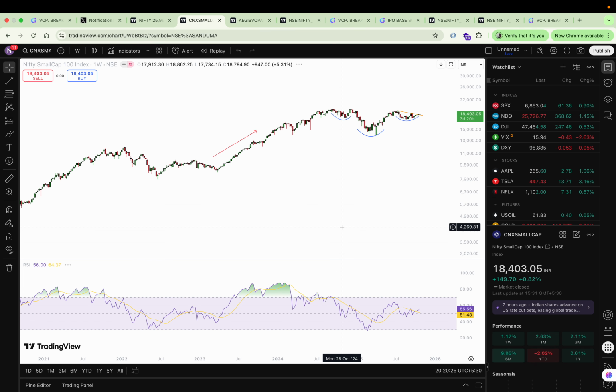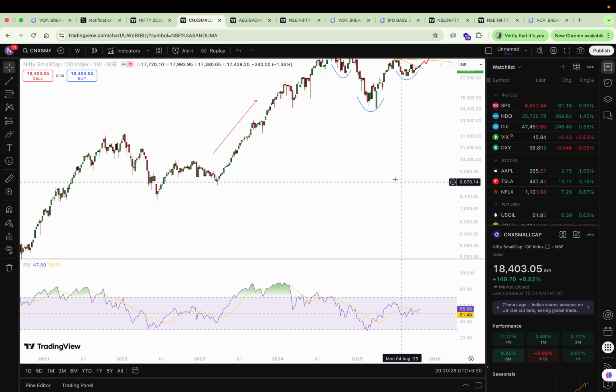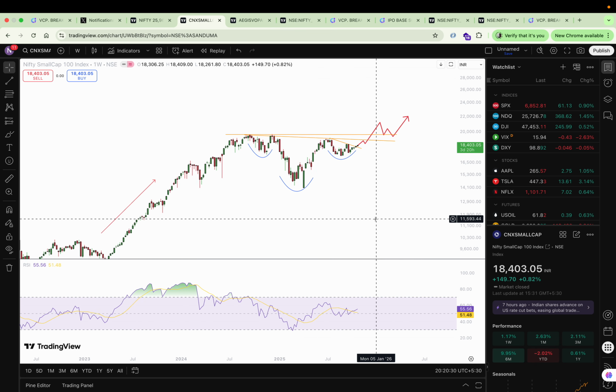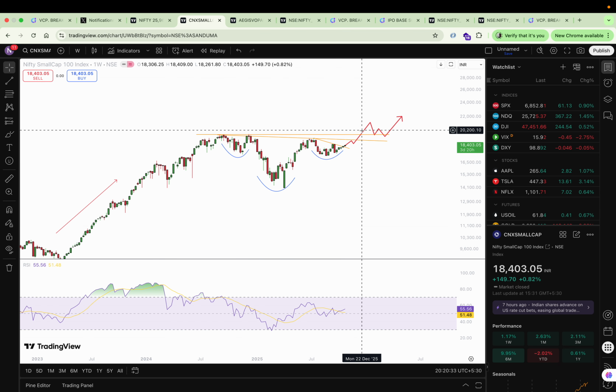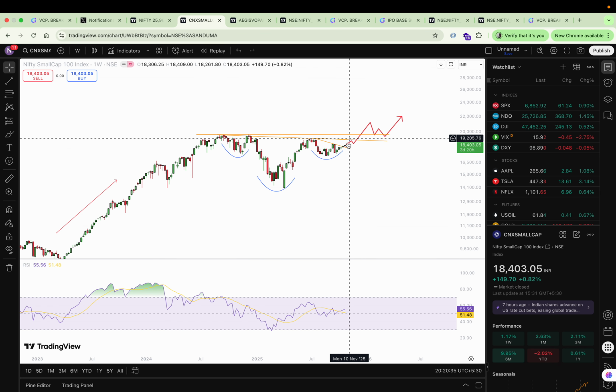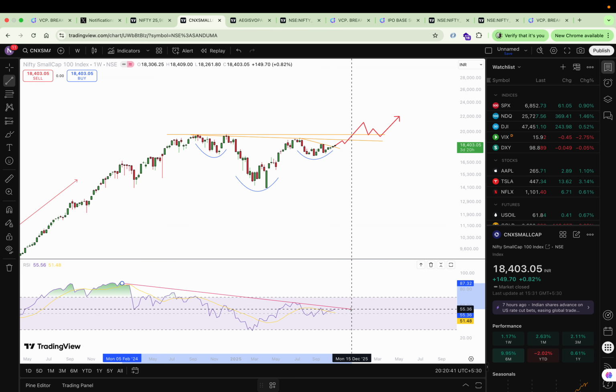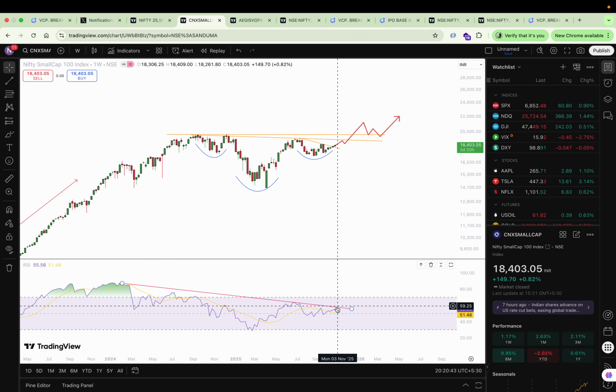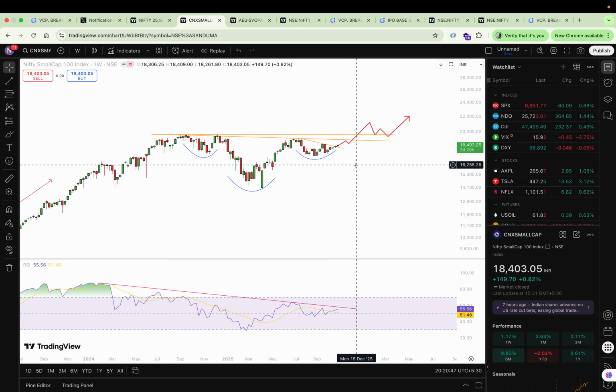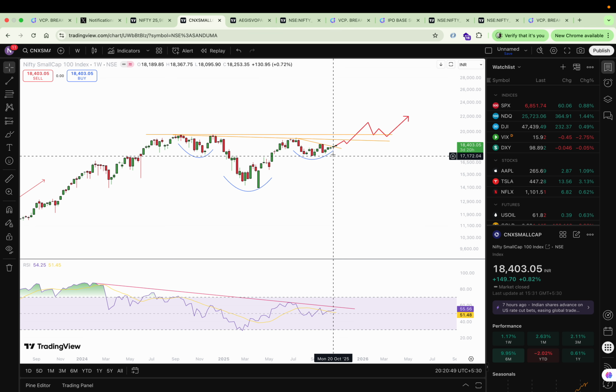Next is small caps. In small caps, this is the pattern. In small caps and mid caps, we are seeing an inverted head and shoulder pattern, which is yet to complete. It's in the midway. Once this RSI breakout is done, we can see some bullish patterns in many of the stocks.